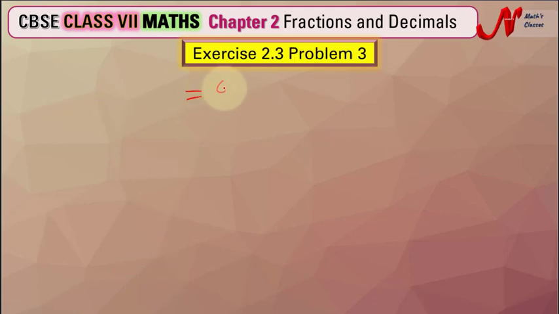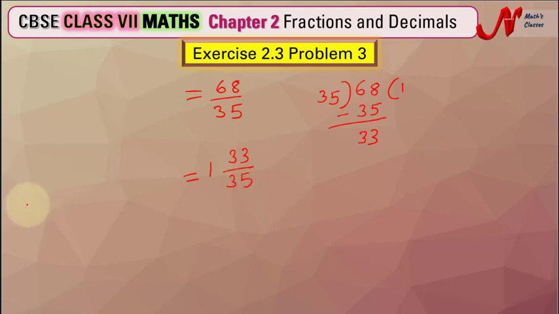Here 68 by 35 is an improper fraction. It can be converted into a mixed fraction by dividing numerator 68 with the denominator 35. 35 ones are 35, by subtracting we get 33. So it can be written as 1 33 by 35. Therefore 3 2 by 5 into 4 by 7 is equal to 1 33 by 35.